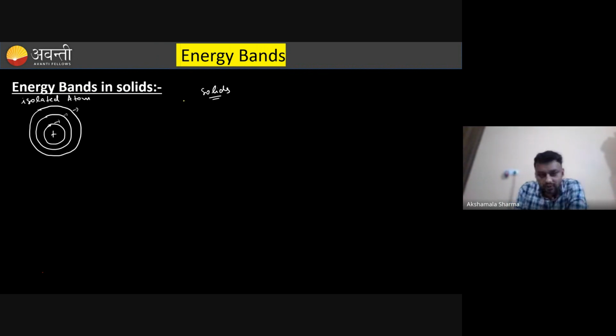In that situation, the diagram will look something like this. This is the nucleus around which electrons are revolving. Look at that. And this is another atom around which electrons are revolving.